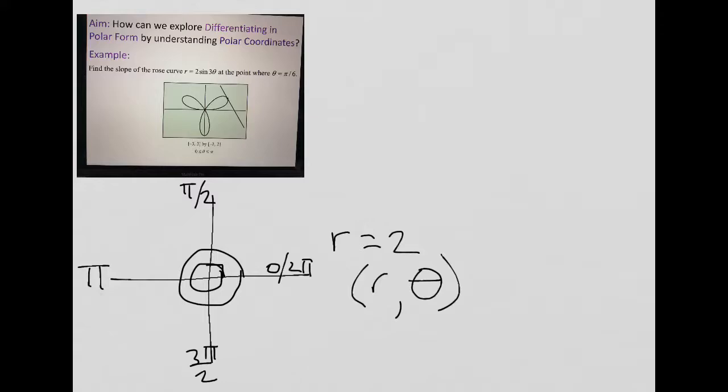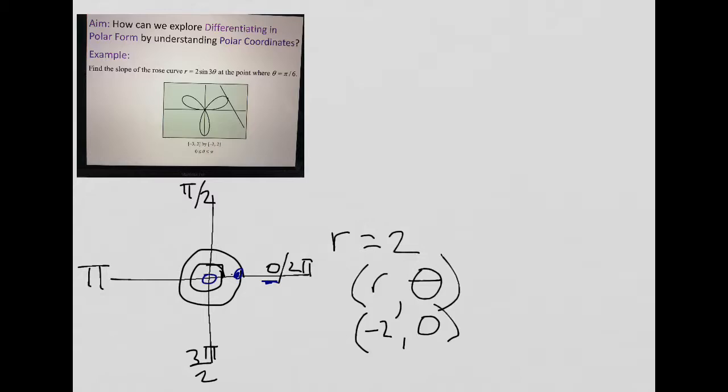If you have an r value that's negative, remember r is indicating the radius, so what happens is actually a transformation. Say you have the point (-2, 0): you go to the angle of 0, and instead of plotting it over here, because that would be where r is a positive 2, you reflect it through what we call the pole.